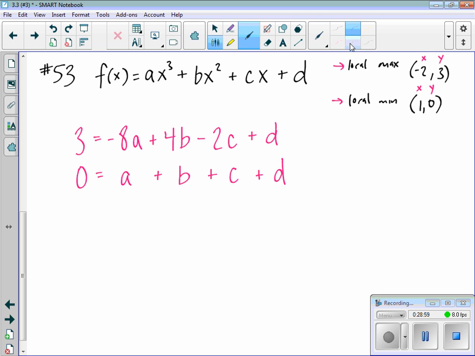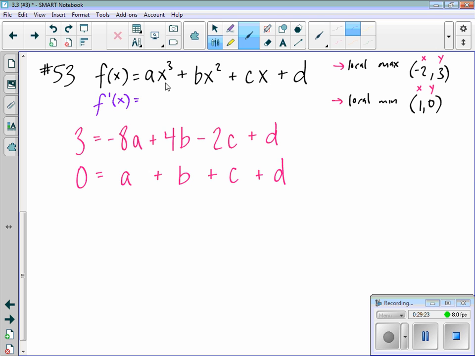With calculus, what's going to happen at the max? What happens at the maximum? The derivative's going to be 0, right? It changes from positive to negative. Okay, so it's going to be 0 at that spot. So we're going to take the derivative.